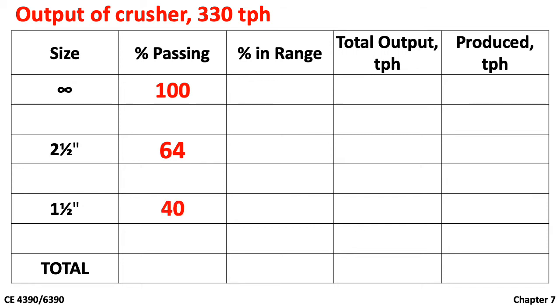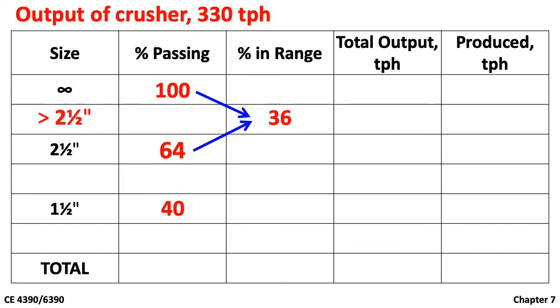Next, in the third column, we need to find the percent of material with size in a certain range. Between infinity and 2.5, we get 36% by subtracting the lower value 64 from the upper value 100. So 36% is the portion of the material with size greater than 2.5 inches.